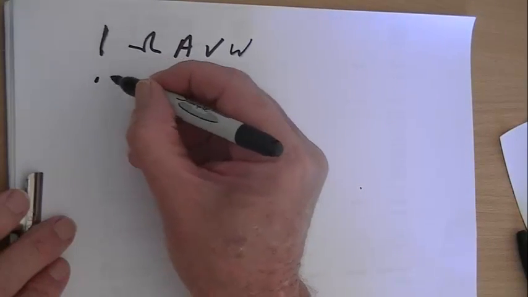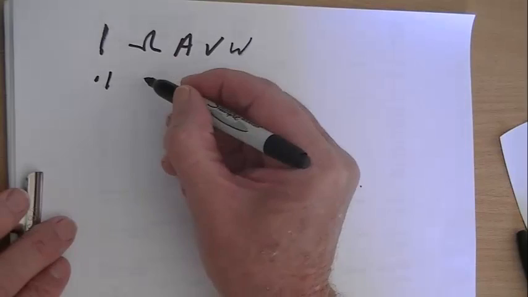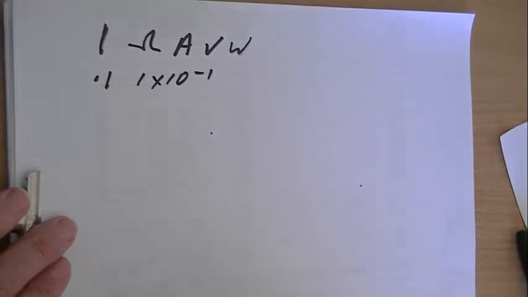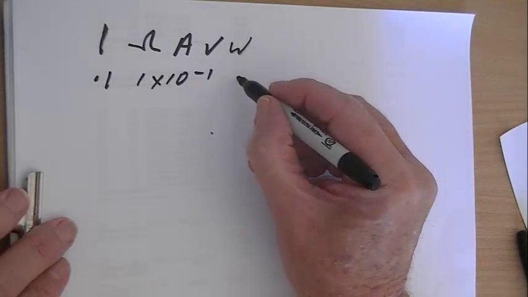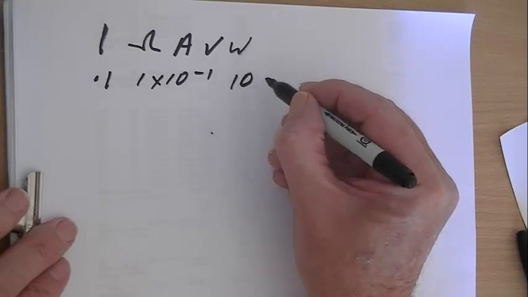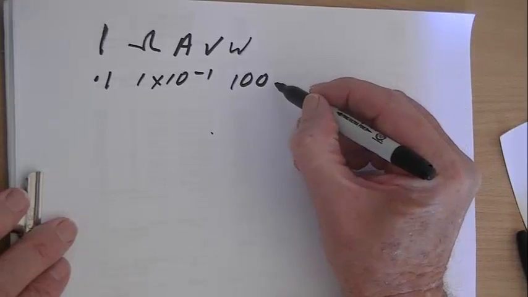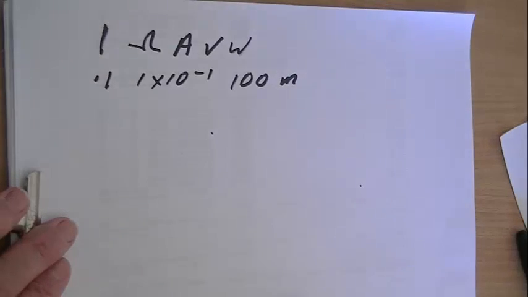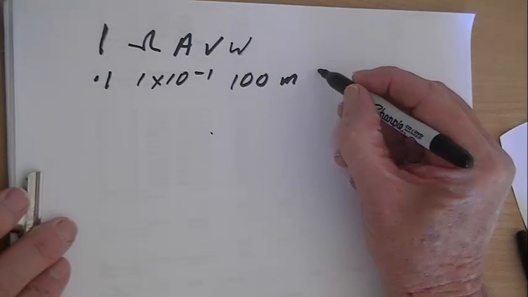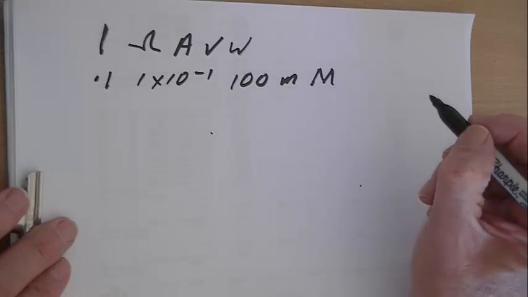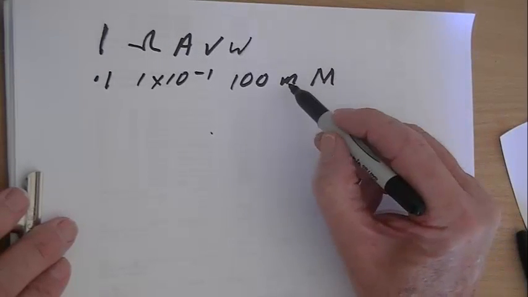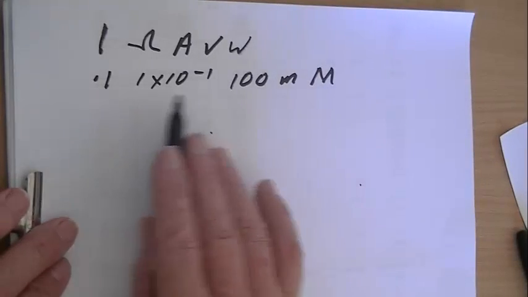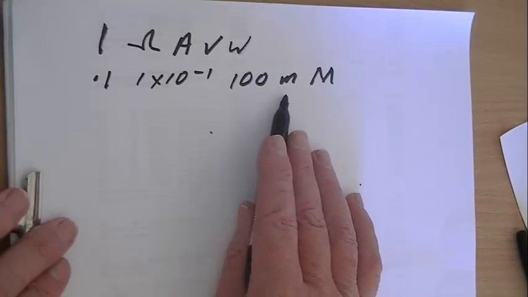Then we go down to 0.1, which is 1 times 10 to the minus 1. It is also 100 milli. Milli is a little m. Don't confuse it with mega, which is big M. That's a million, that's a thousandth. And 0.1 is 100 thousandths.